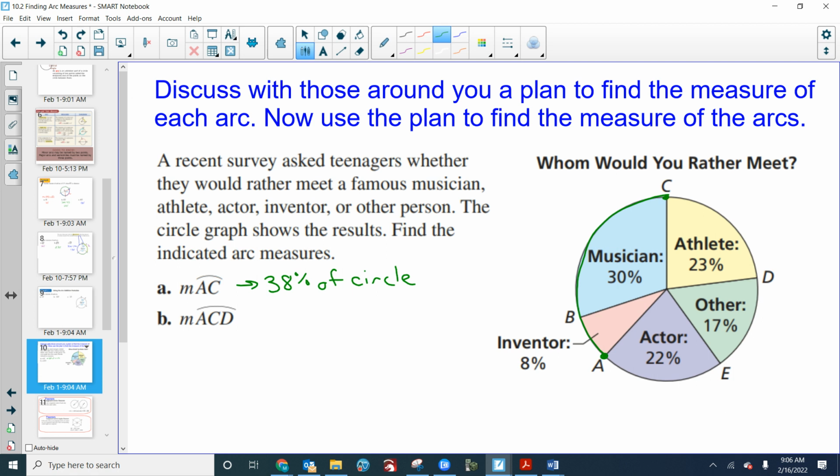It's 38% of the whole circle. So 38% is 0.38 times 360. I'm getting 136.8 degrees.